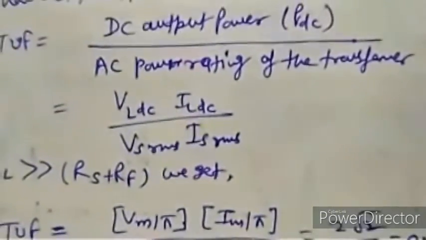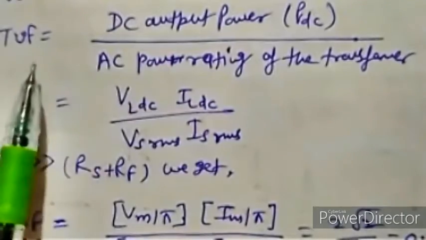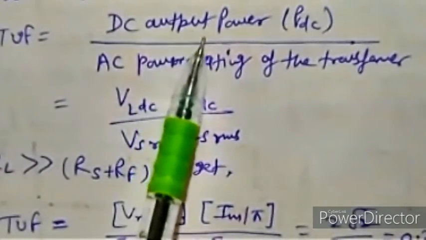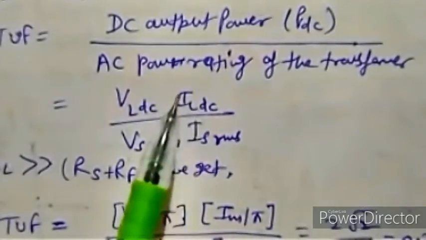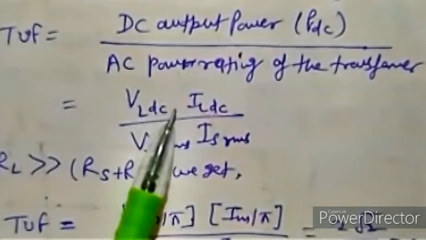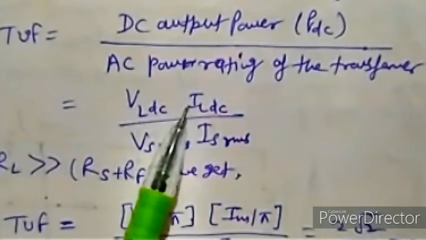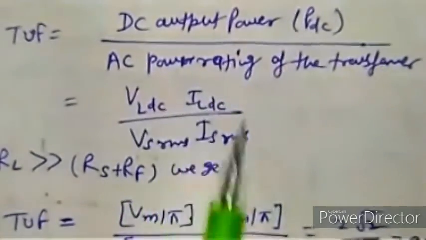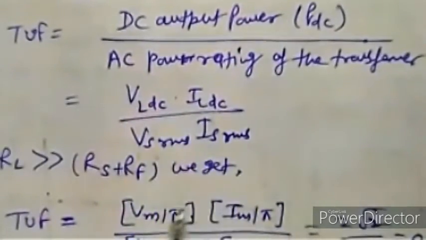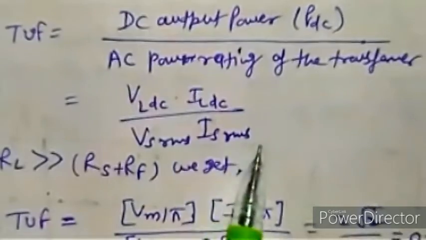TUF is represented by the DC output power upon the AC power rating of the transformer. DC output power is VLDC into ILDC, upon VSRMS into ISRMS.